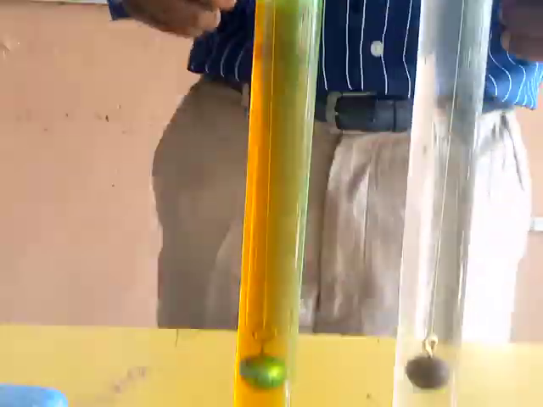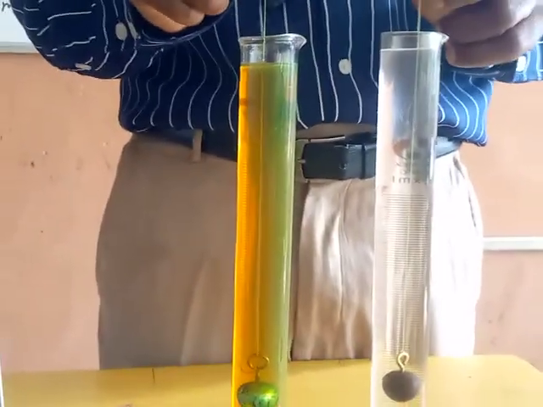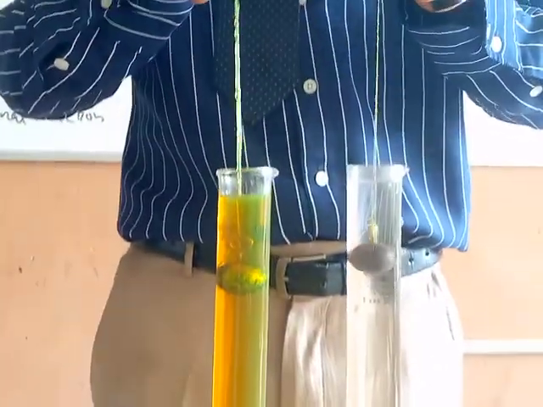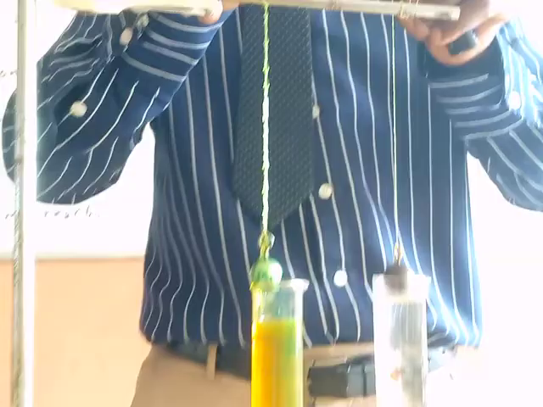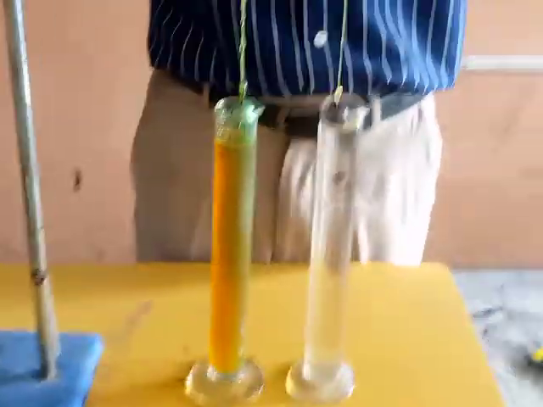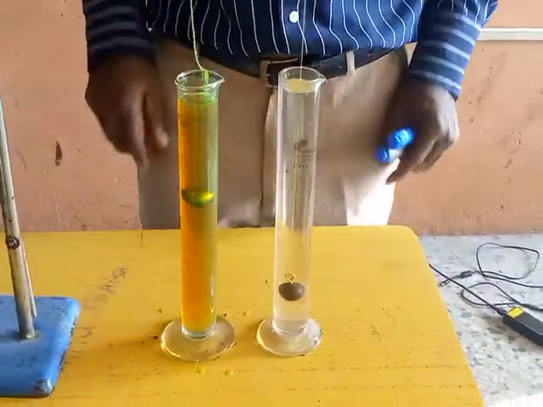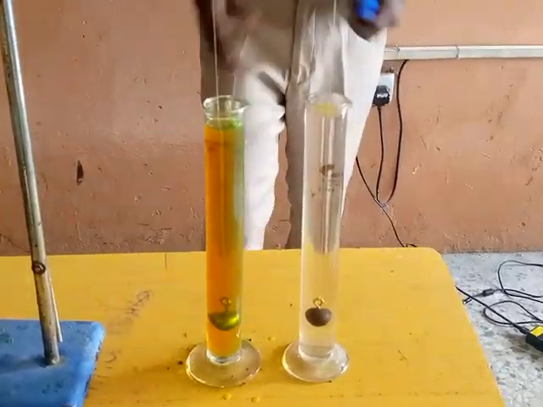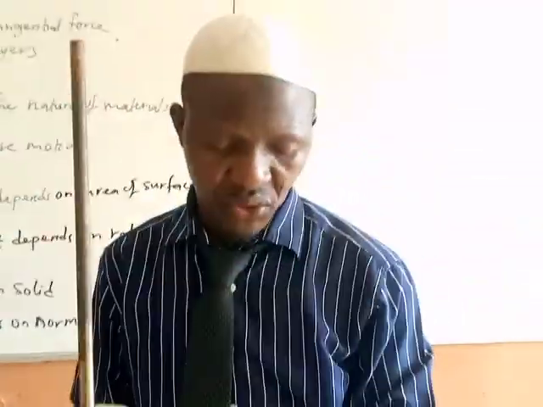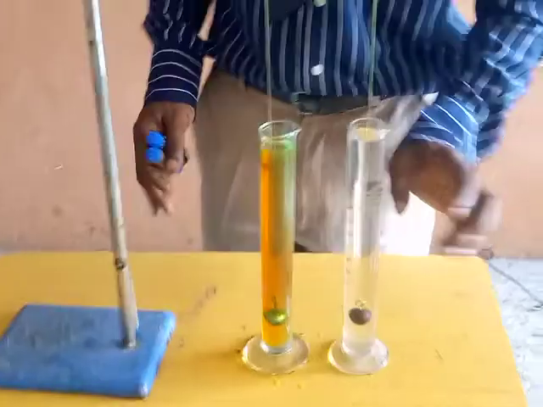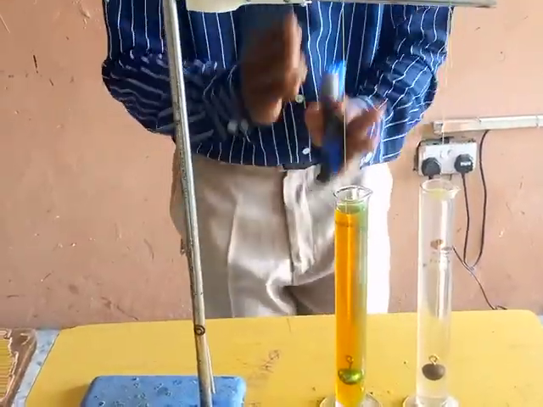Let's see what will happen when an object is moving inside both. So 1, 2, go. You can see that in the non-viscous liquid, which is water, the object moves faster than in the viscous liquid because of frictional force.